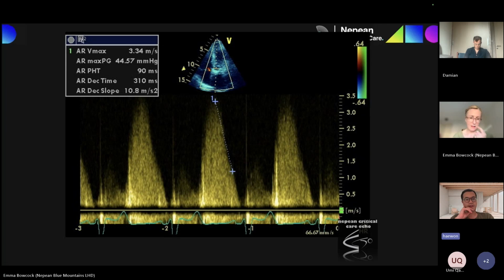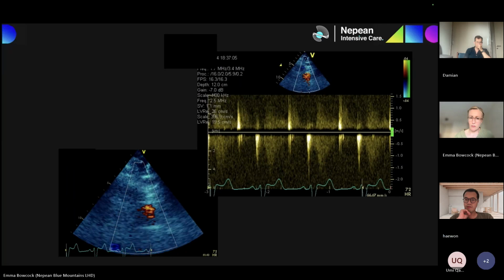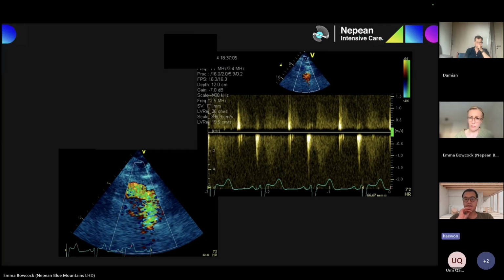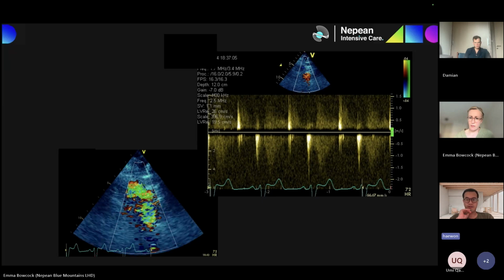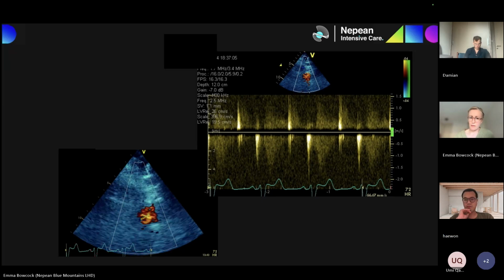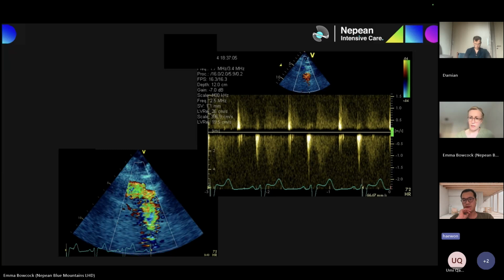This is continuous wave across the aortic valve on apical 5-chamber view with a very short pressure half time, suggestive of severe aortic regurgitation. I think both the color flow Doppler and the pulse wave in the descending aorta are consistent with holodiastolic flow reversal, and I think the velocity is greater than 0.2.